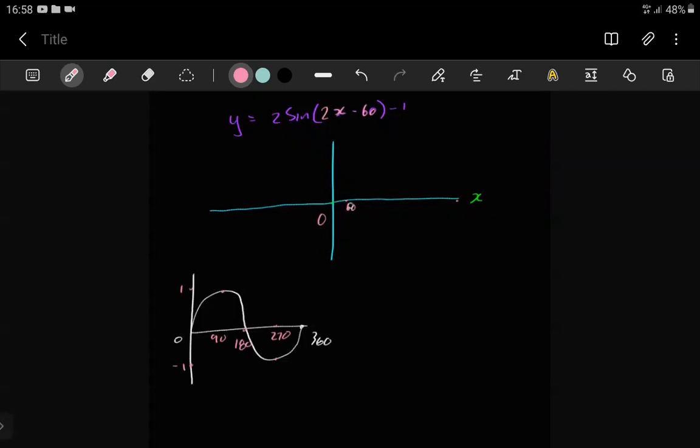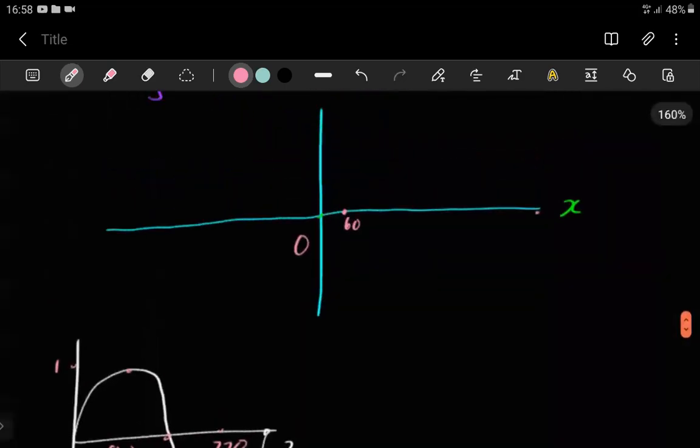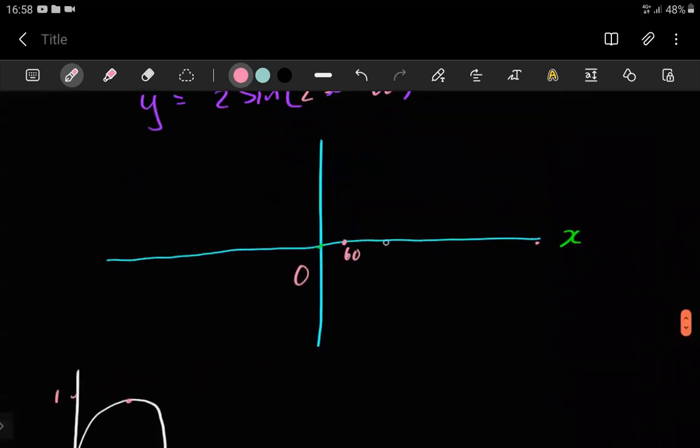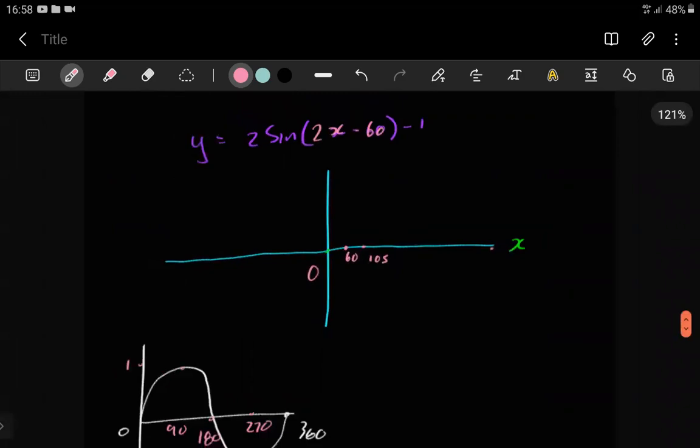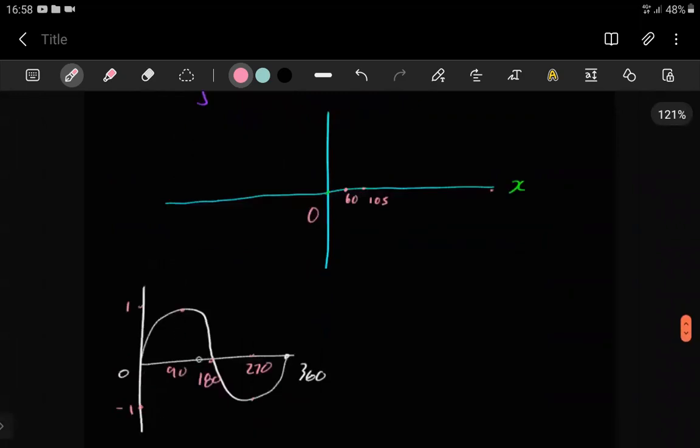So from 60, 45 degrees later, that would be somewhere at 105. Somewhere at 105, that's where it's going to turn. And then 45 degrees later, it would be somewhere at 150. So you know that this is where it's going to have another special moment. And then 45 degrees later, which would be at 190.